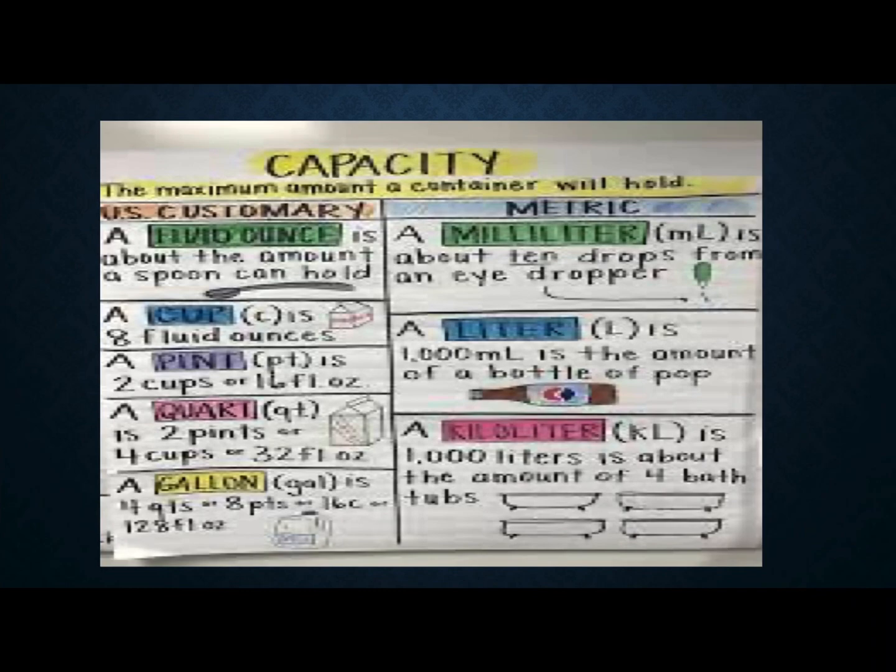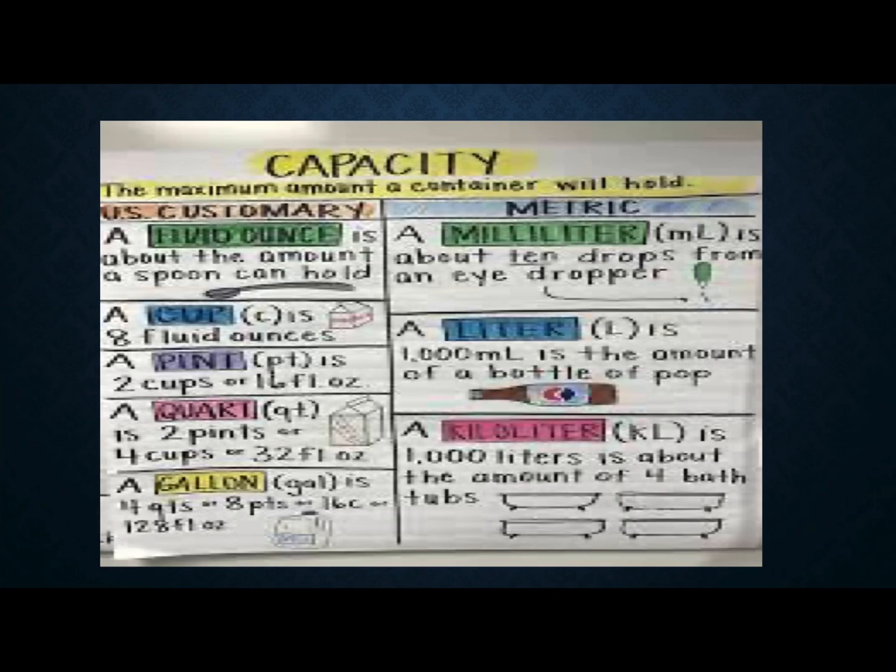Customary units, like the maximum amount a container will hold. Fluid ounce is about the amount a spoon can hold. A milliliter is about 10 drops from an eyedropper. Then fluid ounces. 1,000 milliliters is the amount in a bottle of pop. A quart is about 4 cups.